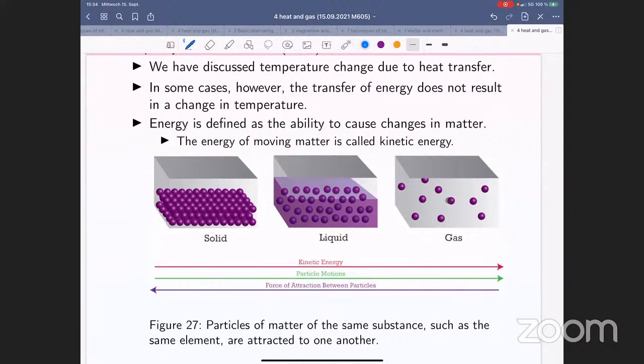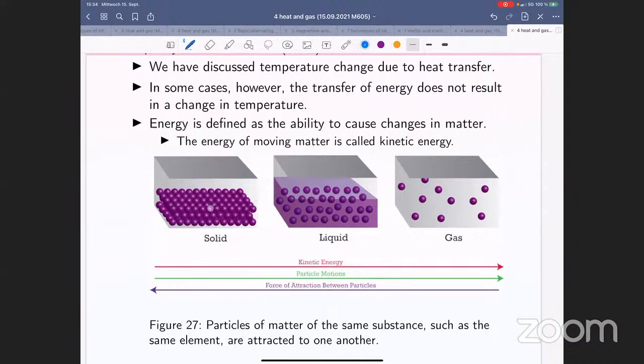among molecules are quite far apart from each other, and the kinetic energy is increasing, okay, because in this phase there is more space, the molecules can move easily and freely, all right, and the particle motion can happen more in this case, okay, and the force of attraction between particles will be larger for this one, okay.